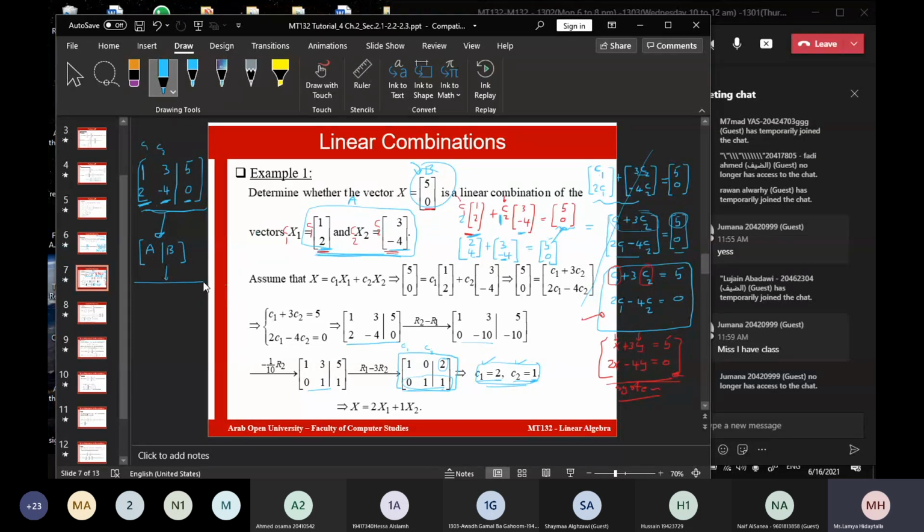Just directly, if he asks me to check whether this is a linear combination of these, immediately I'll write the vectors 1, 2 and 3, minus 4, and I need to use them to find the vector 5, 0 by doing a linear combination, and my task is to find C1 and C2, and I am done. If I find C1 and also C2, I'm done. Clear?